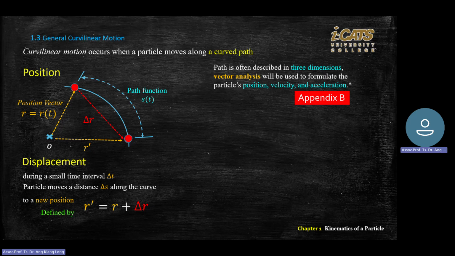You see the arrowhead pointing from position 1 to position 2, and we label it as delta R.